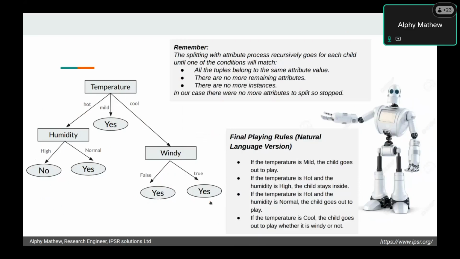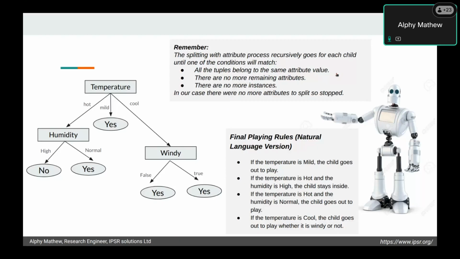So remember, a decision tree keeps splitting the data recursively. That means the same process again and again on every child subset. But the splitting does not continue forever. It stops as soon as any one of the conditions is met. The first condition is that all tuples belong to the same class. Tuple means row, the observation.